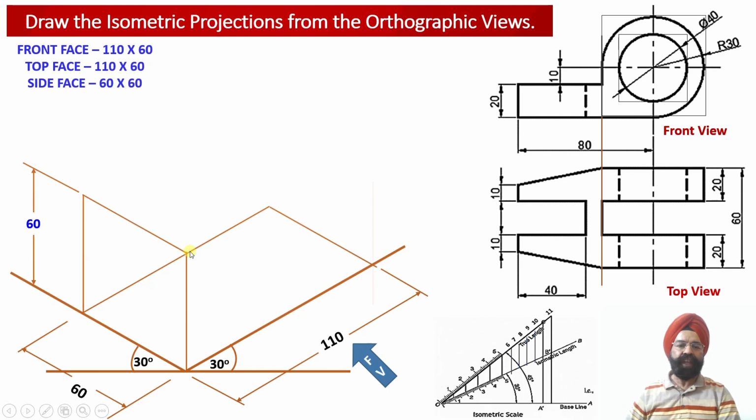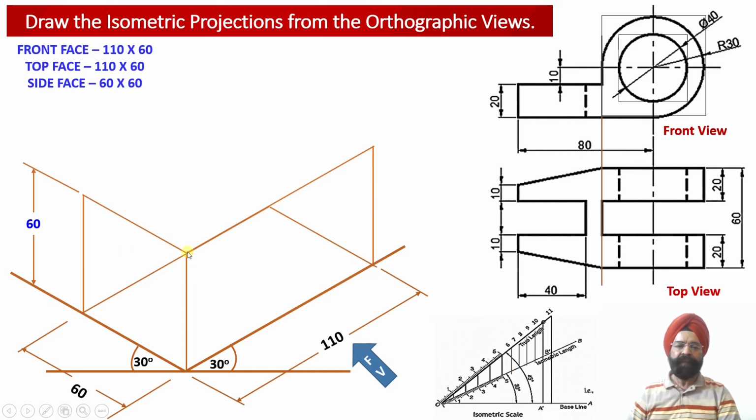And once again, we draw a vertical isometric projector line having a height equal to 60 millimeter from this point, and this isometric vertical projector line will be parallel to the y-axis. Now if we join this point with this point, we are going to obtain another isometric projector line having a length equal to 110 millimeter, and this line will be parallel to the isometric z-axis over here.